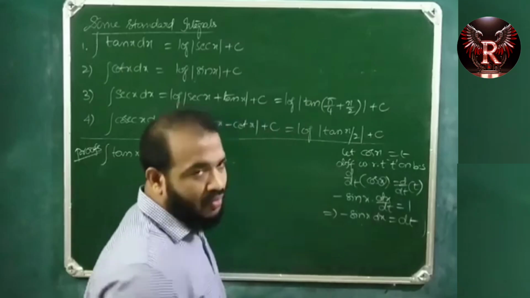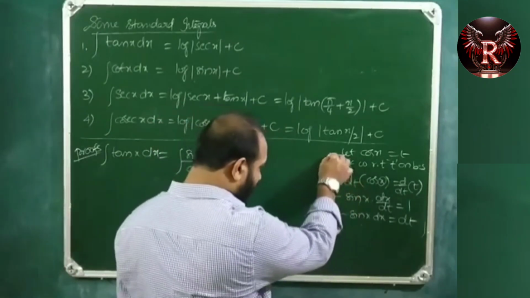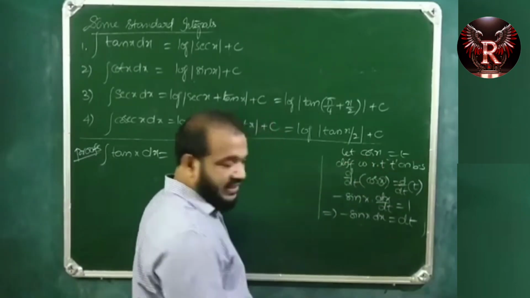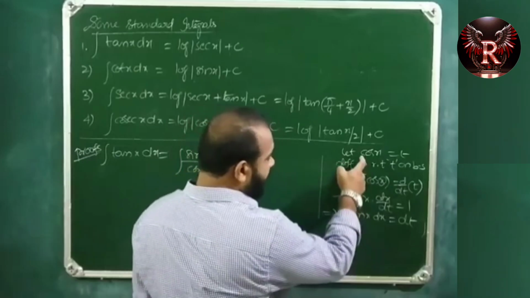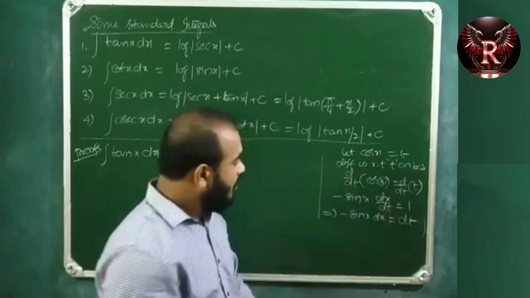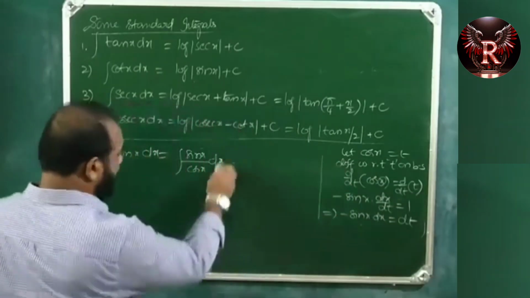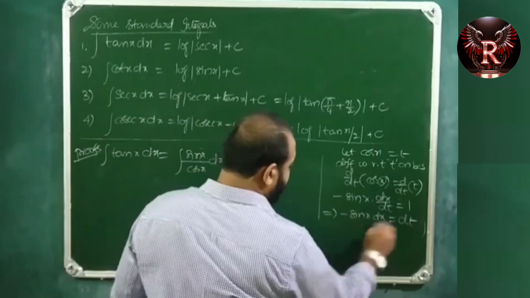So from the next time onwards, let us evaluate all these things here. Let cos x is equals to t, then d by dx of cos x is minus sin x dx is equals to dt. So we can avoid all these things. Now this is minus sin x dx equals to dt.